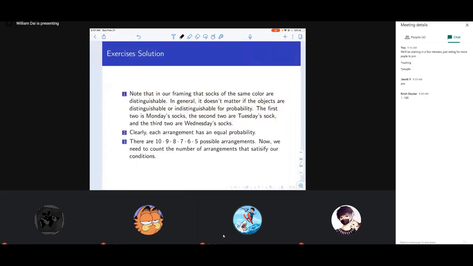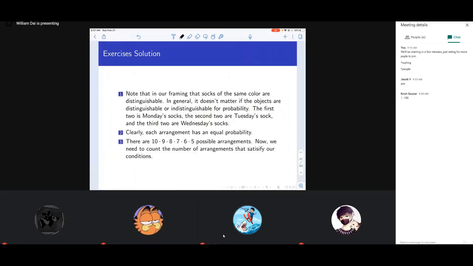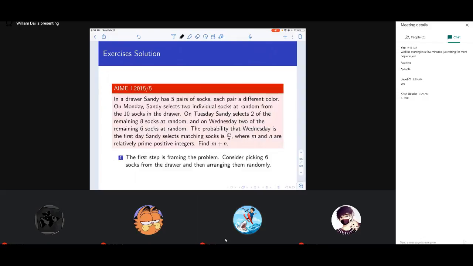This makes it easier for us to understand. So basically we're choosing 6 socks here from the drawer and then arranging them randomly, and that's 10 choose 6 times 6 factorial, or 10 times 9 times 8 times 7 times 6 times 5.